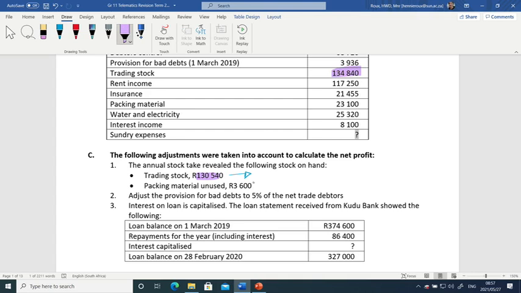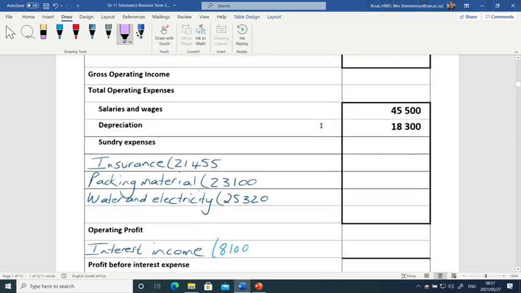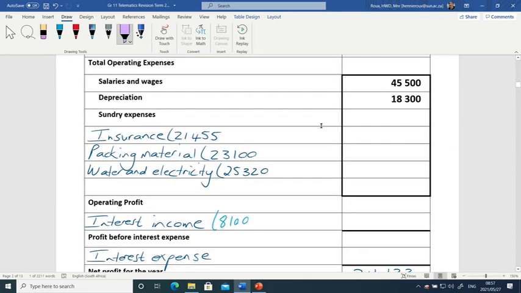Packing material unused. This is what we have on hand at the end. Although we've spent 23,100 on packing material, we haven't used everything. We have left 3,600 to be subtracted. So let's show that on the income statement or statement of comprehensive income. We know we need to add trading stock deficit.